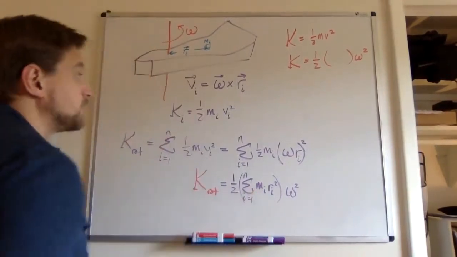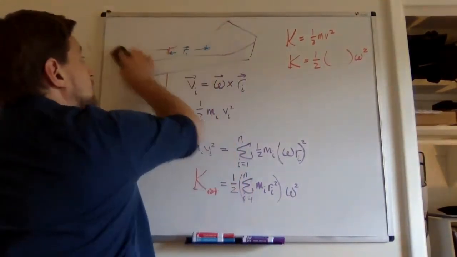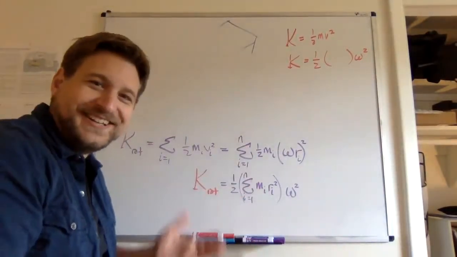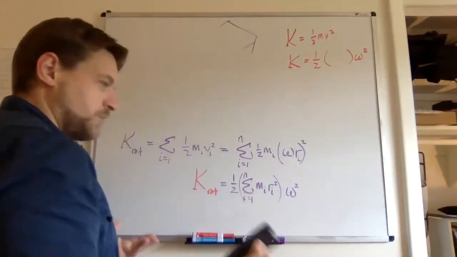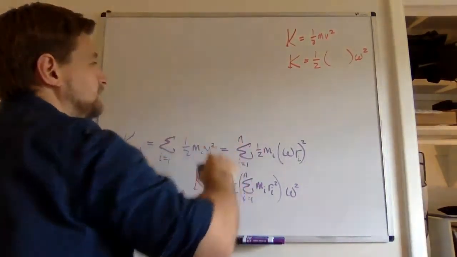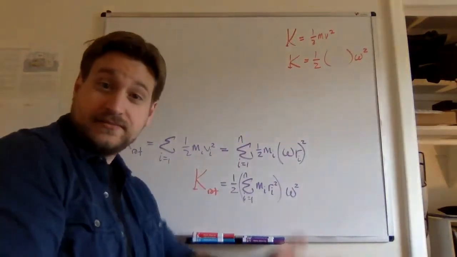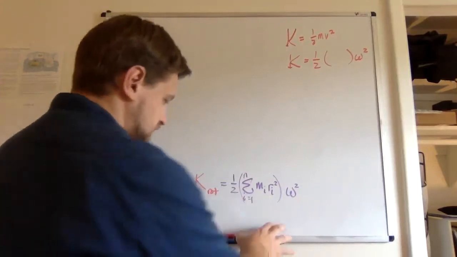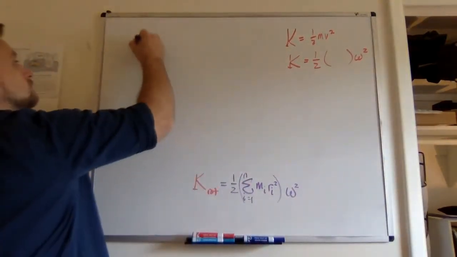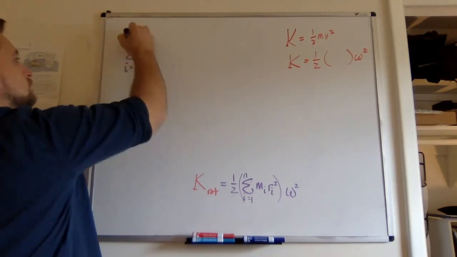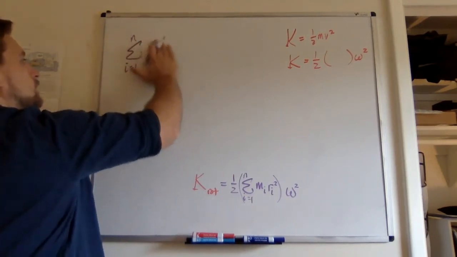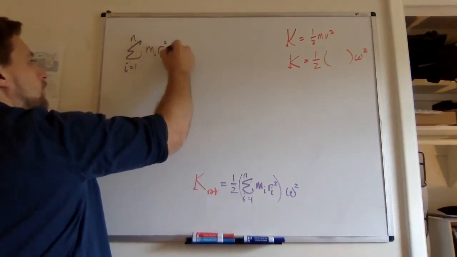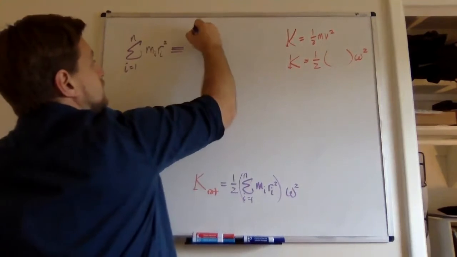Makes me think that this thing in parentheses I need to define. I gotta give it a name. It looks to me like angular mass, which is a weird thing to say, but rotational mass distribution, if you like. I like that.